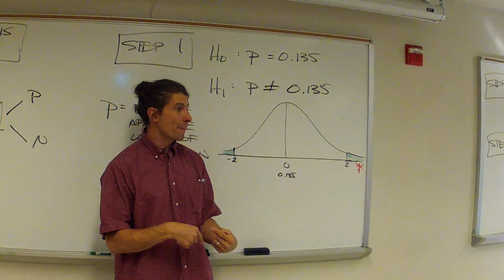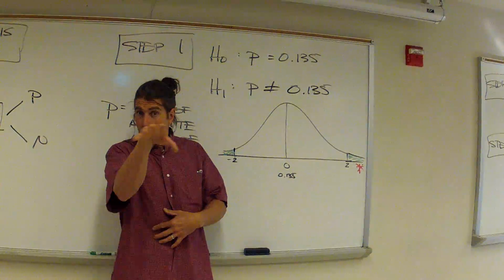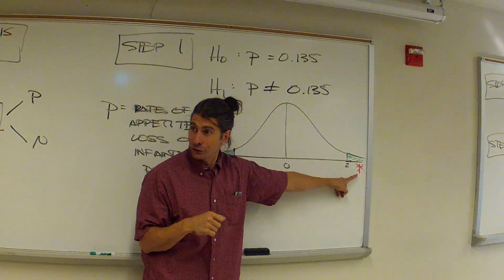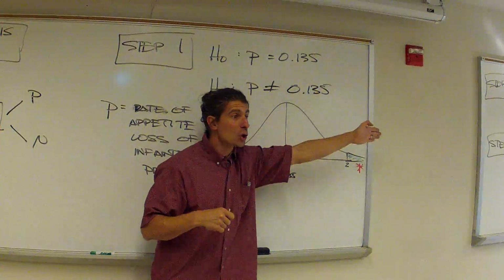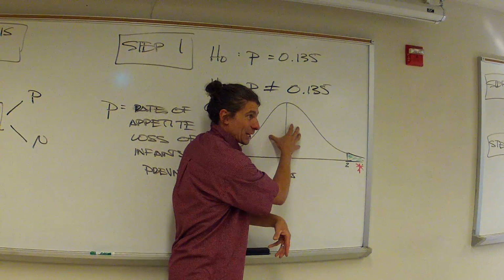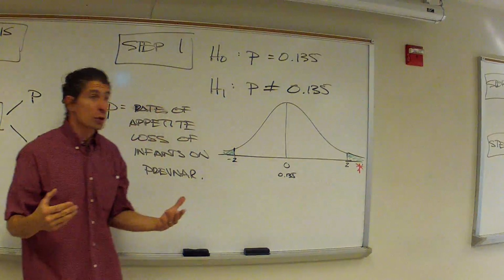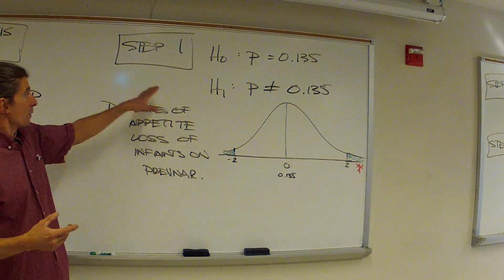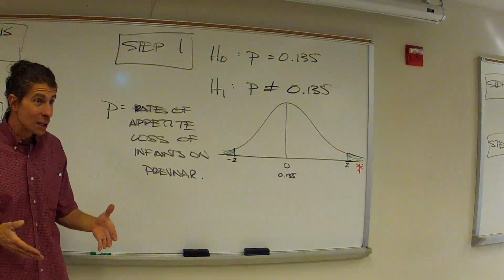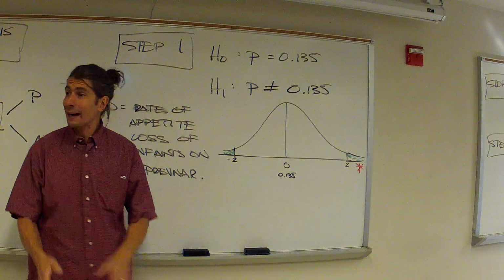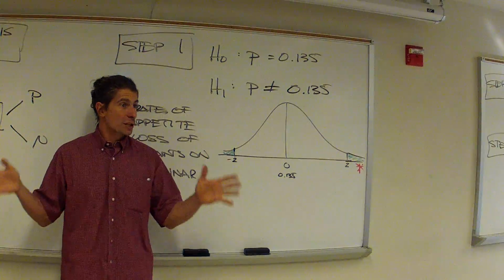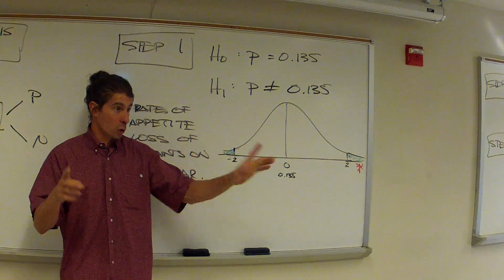But what the hypothesis test we just did came back with is that we got a too high result. 2.76 is too far to the right of that to accept that it belongs in here. So not only could you make the claim that the rate of appetite loss is different, you could actually say that it's higher. You could make that claim, but that's not what we were testing. We were just testing to see if there was a difference. We'll look at more on that as we go through the course.